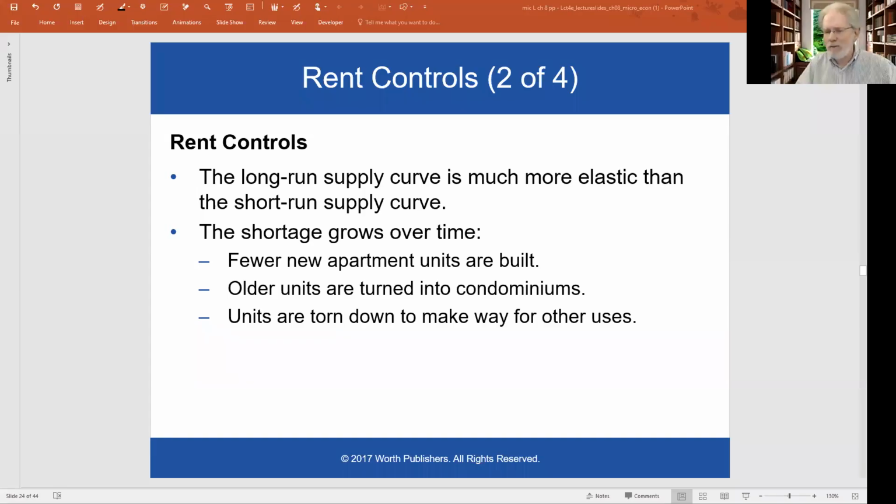All right, so you should be seeing a page on rent controls.